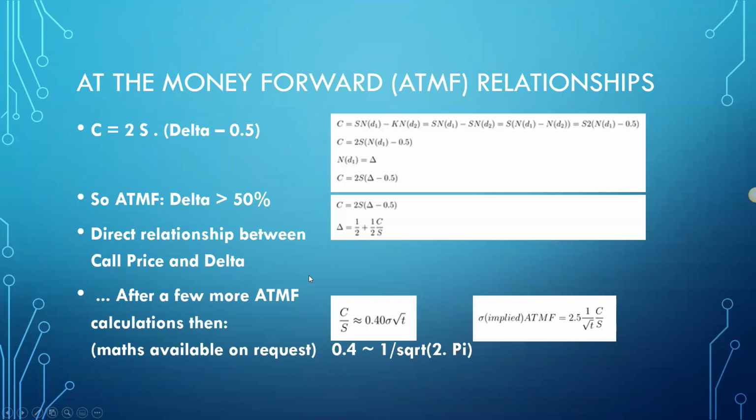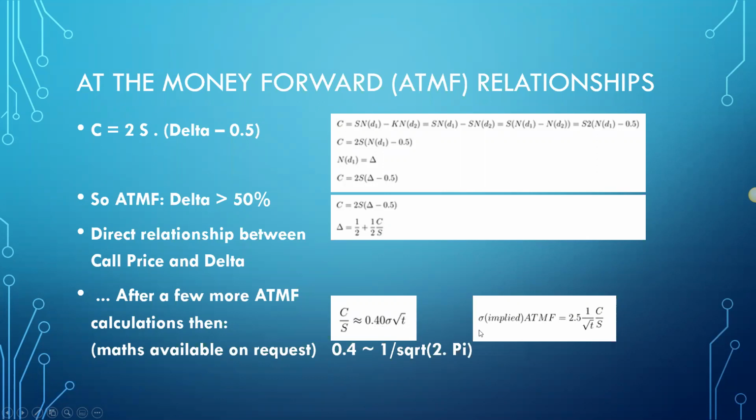And something that is maybe more of interest, and that's why on Tuesday I talked about simple back-of-the-envelope equations, is that what you can derive from those calculations is that the call to underlying ratio is more or less 40% of sigma, which is the implied volatility, times the square root of time.